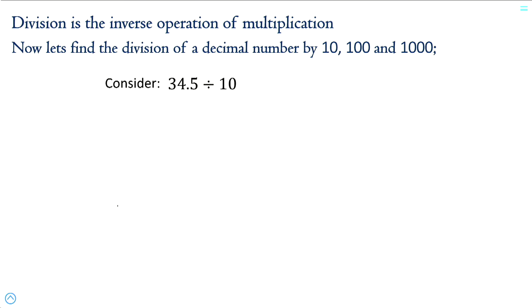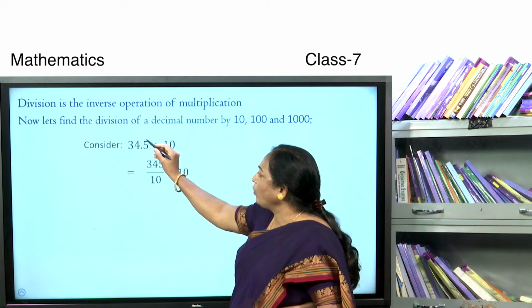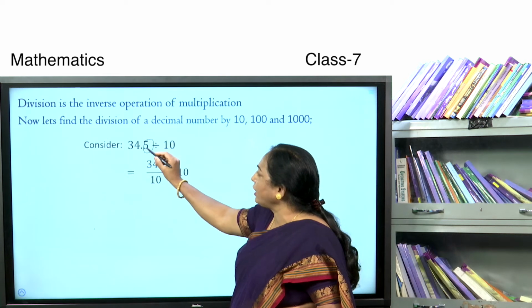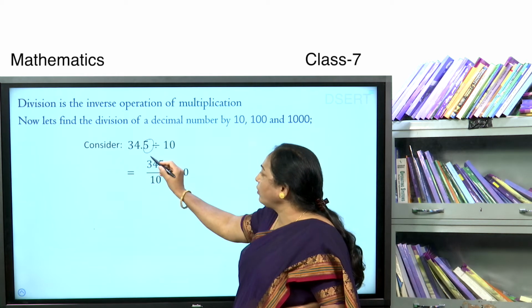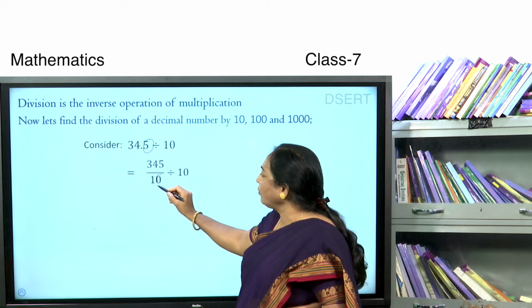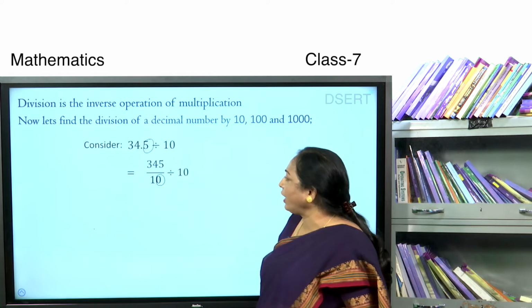Consider 34.5 divided by 10. Convert 34.5 into a fraction. It can be written as 345 by 10. Here, only one digit is there after the decimal point. Therefore, we put only one 0 with 1 in the denominator of the fraction.